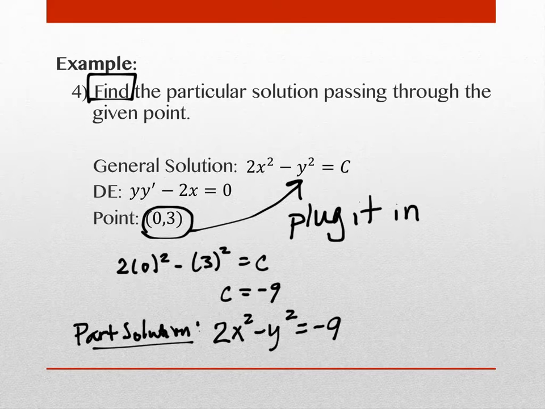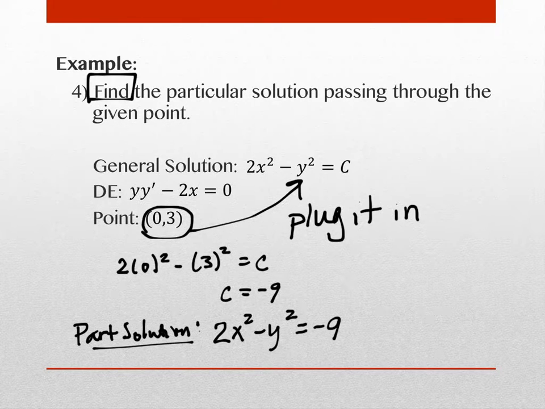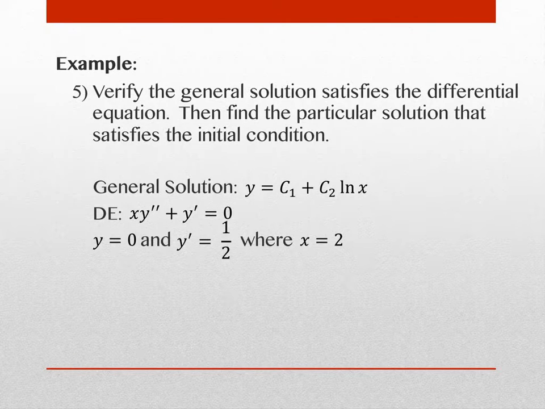Now, this is different. Yeah, you don't even have to use the differential equation that they're giving you because they tell you it's a solution of it. It is a general solution. But it's different on the next problem because what does the next problem actually say? Verify. So this one you have to verify and find the particular solution.